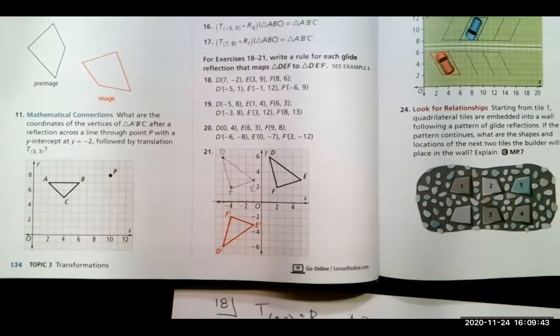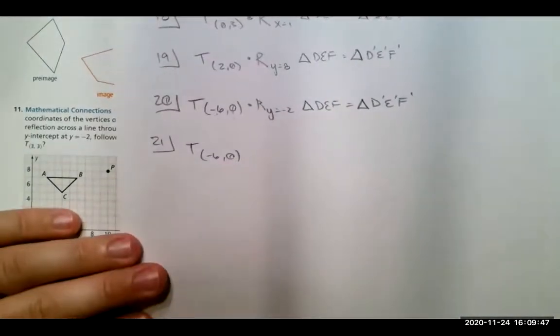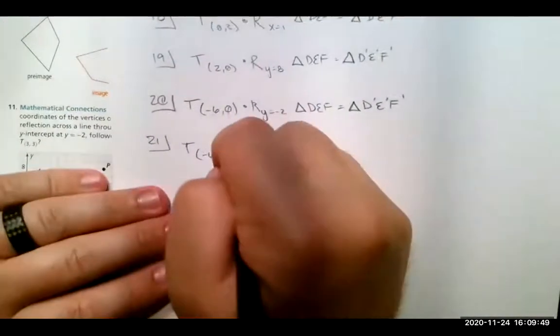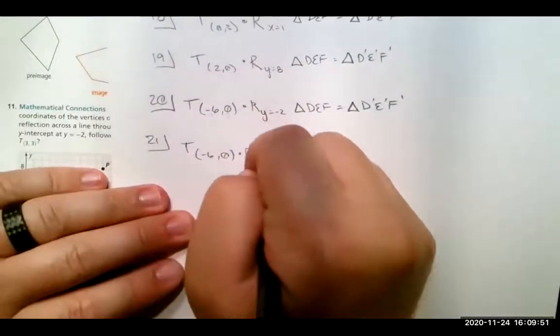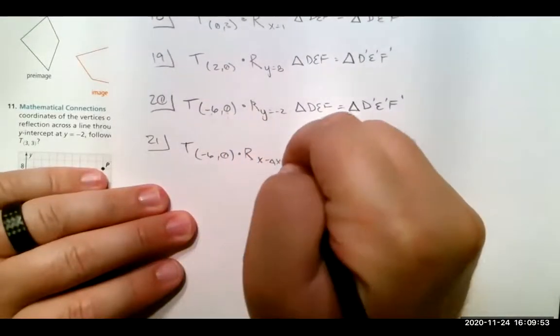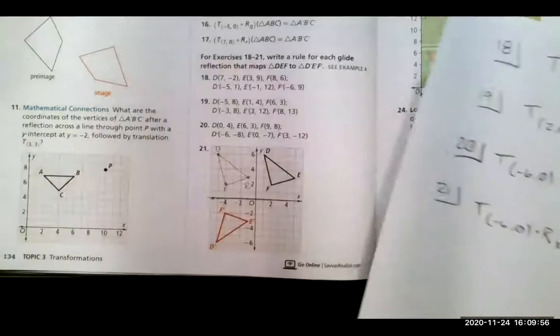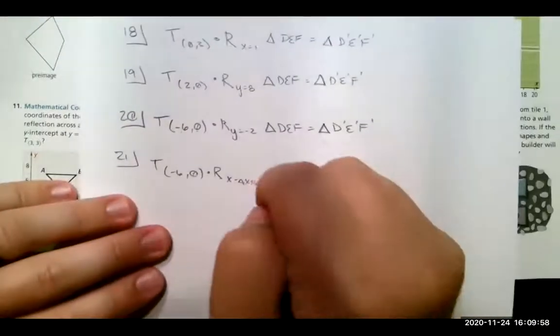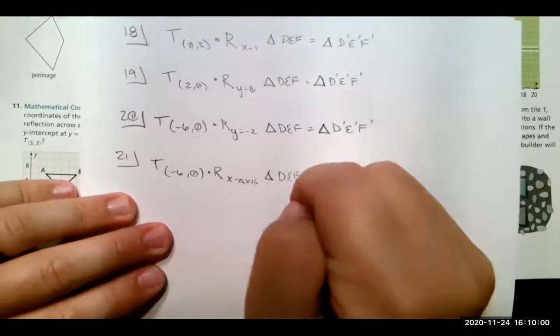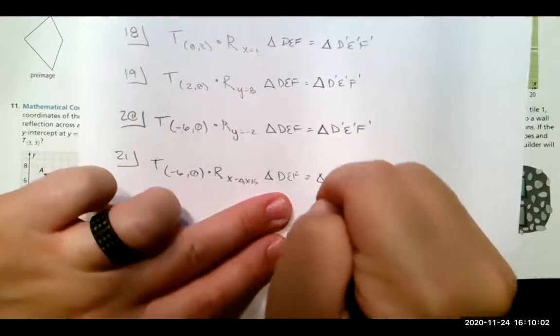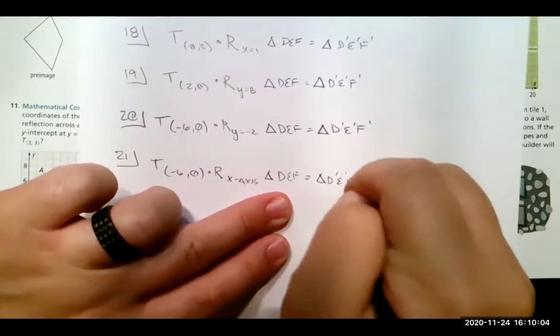So translate left 6, so negative 6, comma 0. Reflect across the x-axis, triangle DEF will give me its image, triangle D prime, E prime, F prime.